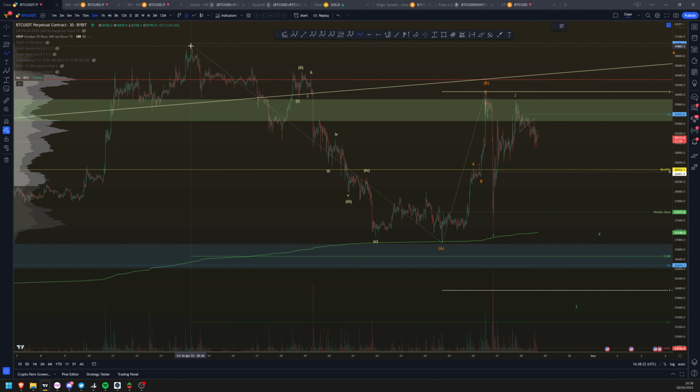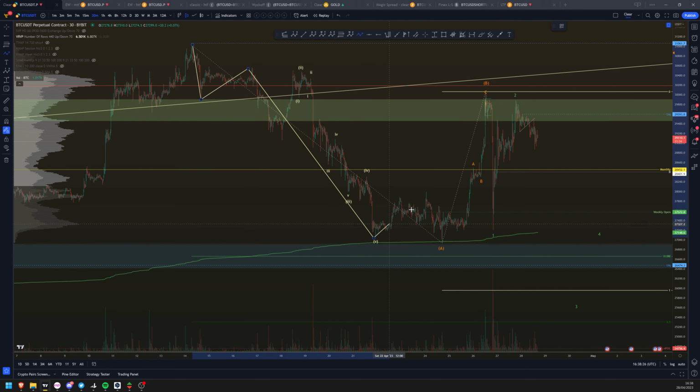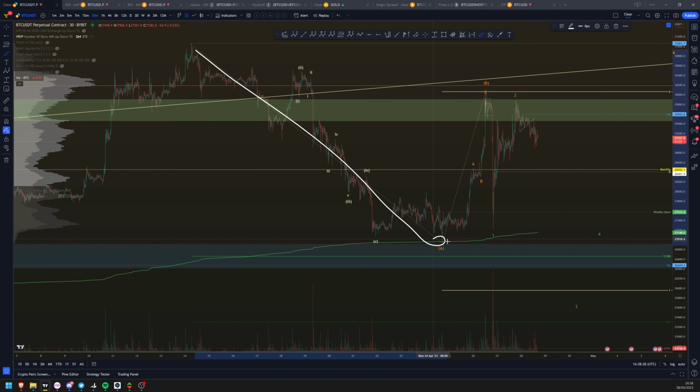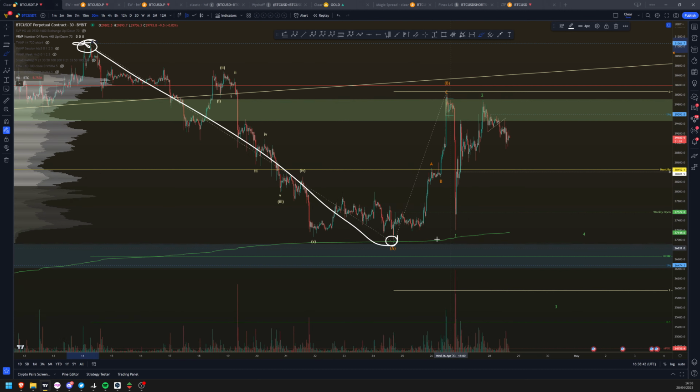The idea is, I'm still reading this as some kind of impulse here, or maybe a 1 here, 2 here, whatever. Doesn't really matter. We have a complete wave from that top to that low. That's a certainty. For once, there is certainty here.